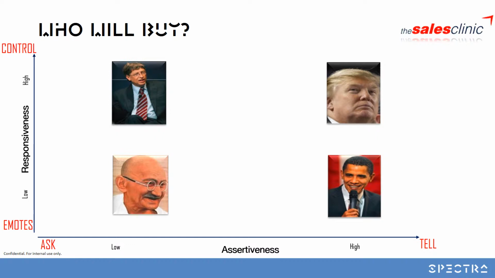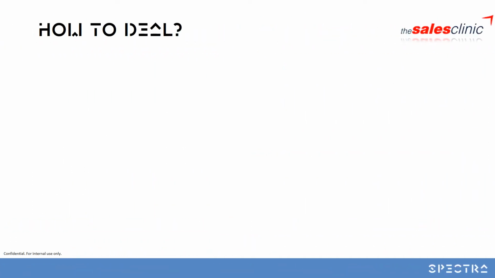Mr. Barack Obama. So, when you look at these famous people, what's the first thing that comes to your mind? Once you have established the buyer's personality, you should adjust your personality and communication style.